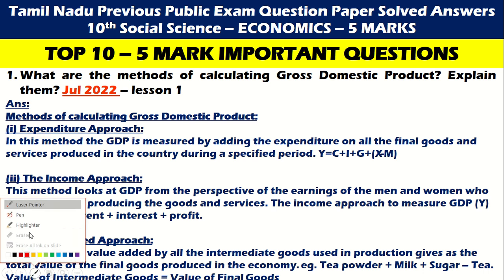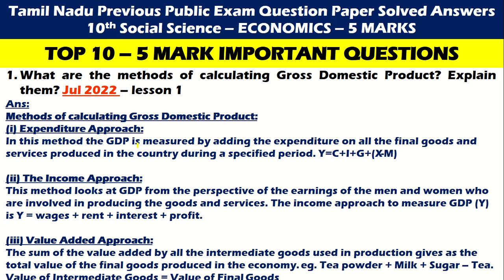In this method, GDP is measured by adding the expenditure on all the final goods and services produced in the country during a particular period. We calculate based on that.